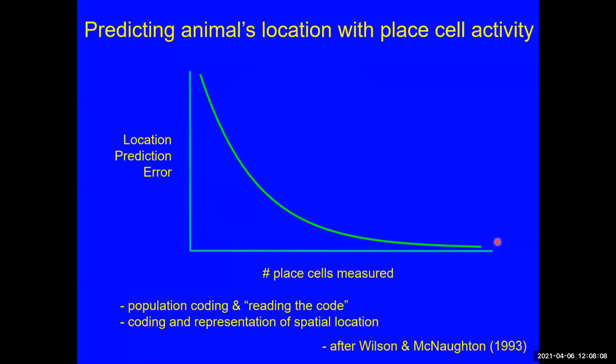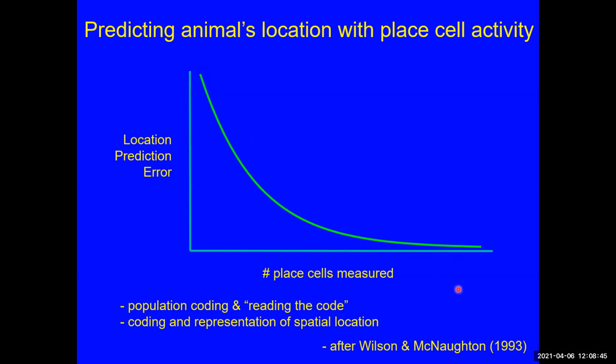All right. So in one of the studies, the Wilson and McNaughton one that I alluded to earlier on Thursday, they calculated this. And it turns out that you don't have to have a whole lot of these place cells being measured to predict fairly accurately where the rat was located in space. It's an exponentially declining function. I didn't put in the exact number of cells because it varies with a lot of their physiological properties, but we're talking tens to hundreds of cells or so is sufficient to get useful information out of that population.